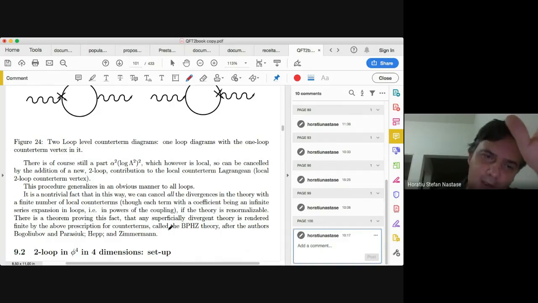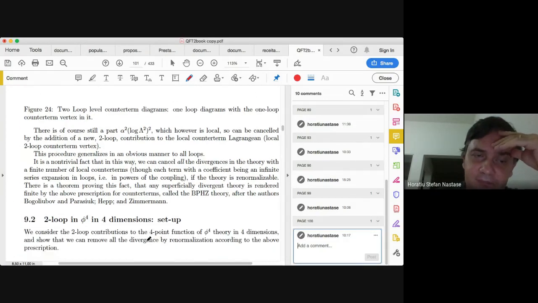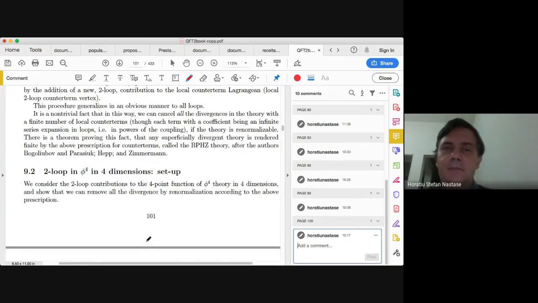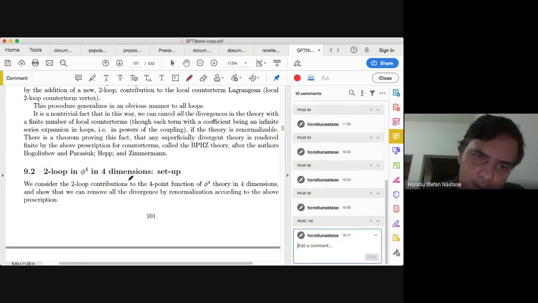By the way, it's not our Zimmermann. Our Zimmermann has one N. All right, so this is all the theory, but now we will calculate the actual mathematics of the cancelling of the two-loop divergences in the simplest example of renormalizable theory that we have, the phi to the 4 in 4 dimensions.